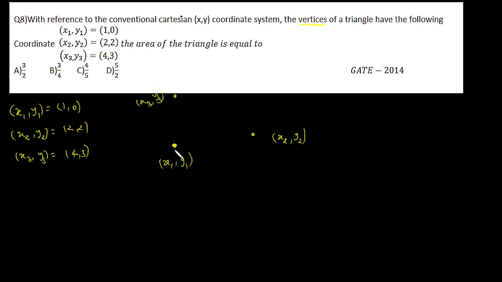Now we are interested in finding the vectors that join these points. So let's draw an arrow to denote the vector.